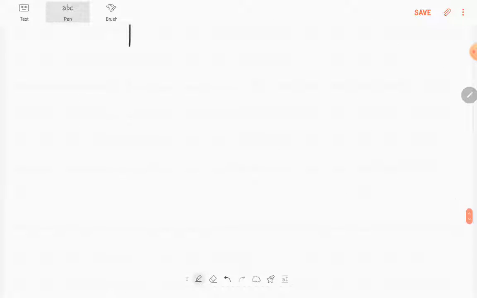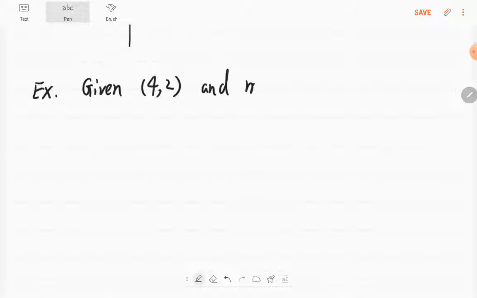So now, if we are given a point and the slope m equals negative 3 over 2, we want to sketch a line.